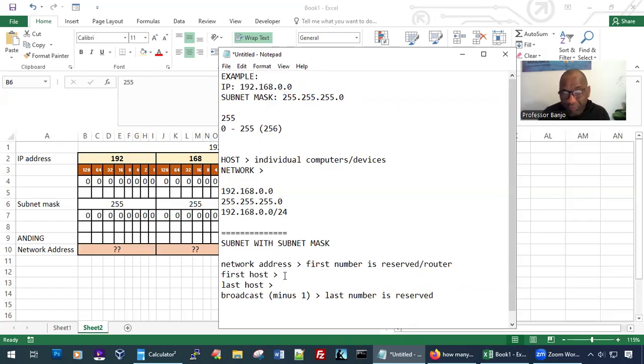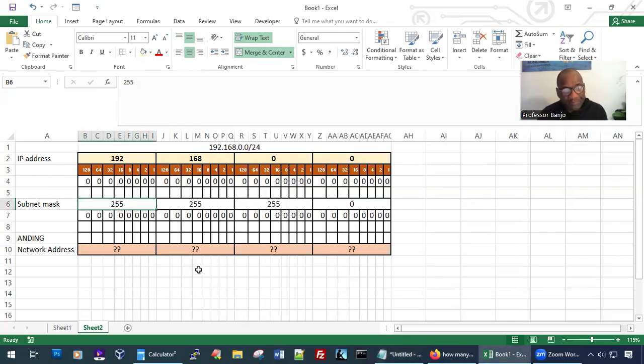Then the first host, the first usable address. Some of these terms can sound confusing. When we say host, we're talking about the address of the device, the IP address of the particular device. Okay, so let's go back here.